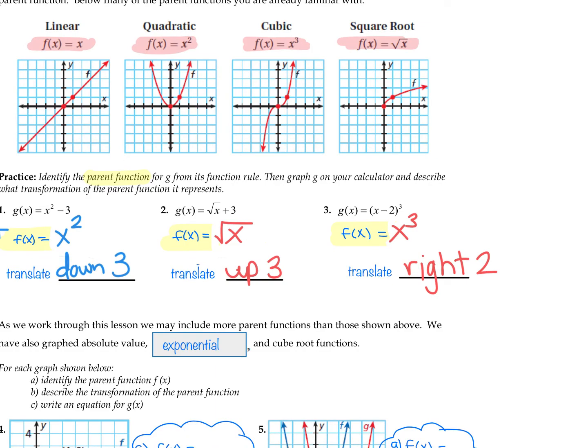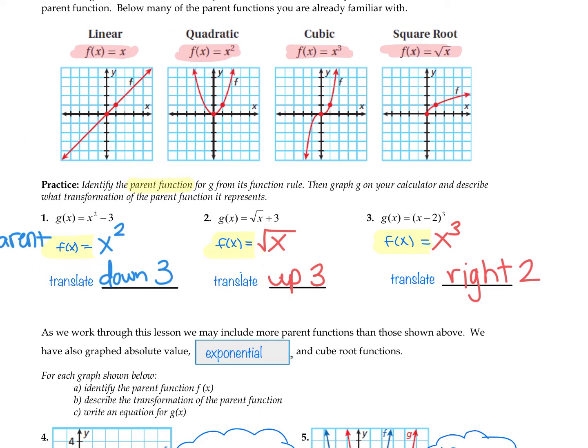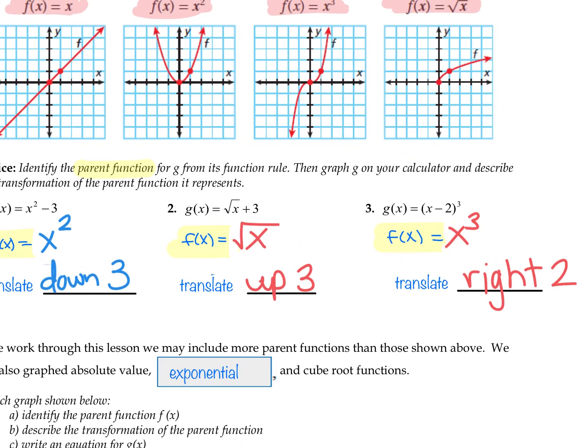I want to go back to the square root one real quick. If this had been g of x equals the square root of x plus 3 and the whole thing was in parentheses, now that plus 3 is happening directly to the x. So that would be to the left 3 because it's happening directly to the x.